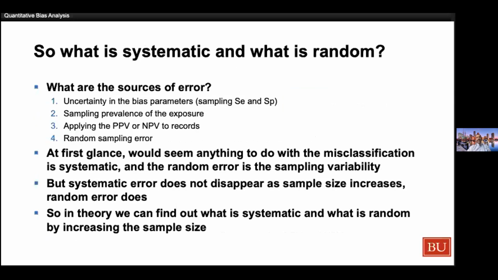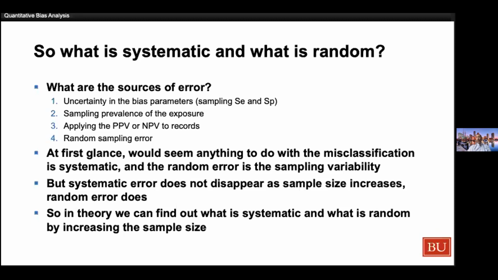So I said to you in the beginning, as I conceptualize this, systematic error is anything that refers to the systematic error process, which is to say, systematic error is anything that relates to, in our case, the misclassification. So there are these various sources of error or variation in the data set. So one is my uncertainty in the bias parameters.